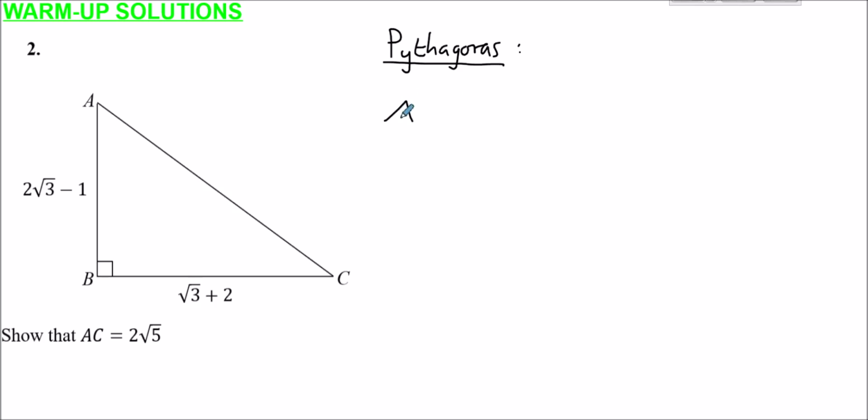So AC squared would equal this one squared plus √3 plus 2 squared.